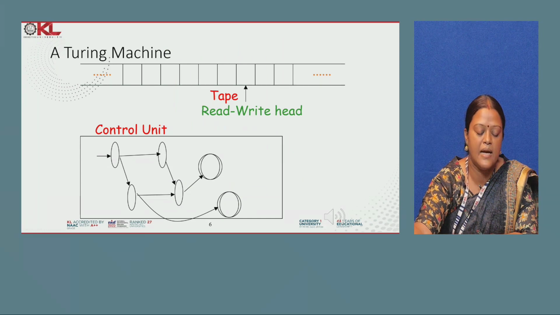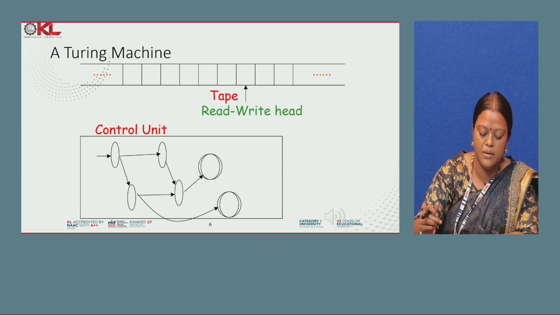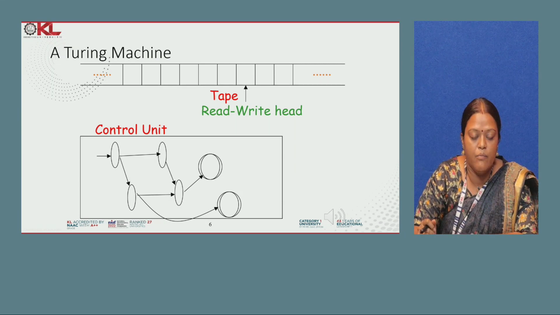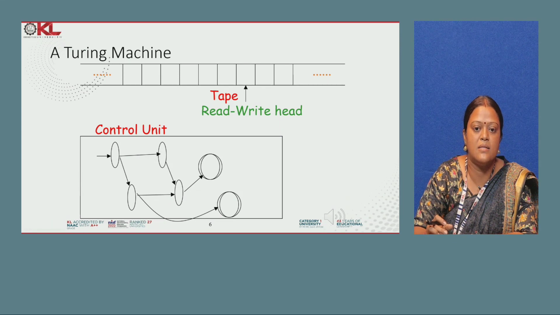Now this is a basic diagram of Turing machine, where you can see that in Turing machine we will be having a system, that is a diagram that you can imagine similar to a DFA, where we have some states with transitions moving from one to another, and then we have an added advantage, that is the infinite tape, where we can store our input and do some operations that we will see in this lecture.